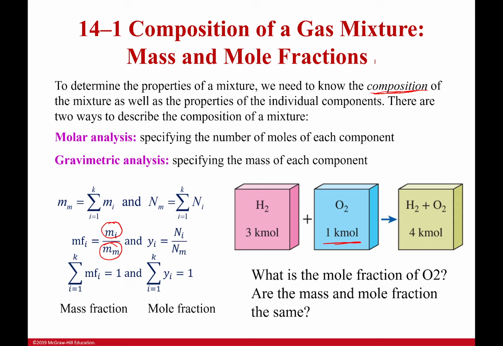And so what's the mole fraction of O2? Now, are the mass and the mole fraction the same? The answer is no, because now my mole fraction is just 1 over 4 for oxygen. And so that's only 25%, down from 84% to 25%. So you can see that how you determine the mixture is going to really change the percentages here. They're not just interchangeable. But if you know one, you can calculate the other. That's also fine.